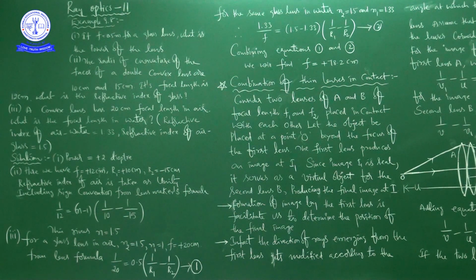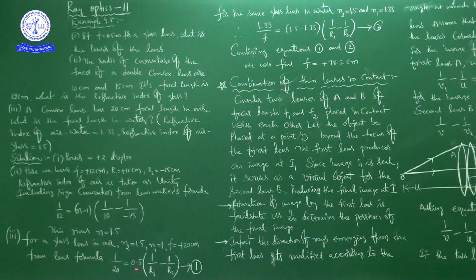Next, third one. See here, for a glass lens in air, N2 is equal to 1.5, N1 is equal to 1, f is equal to plus 20 centimeters according to the given information, right? So from all these things we can write from the lens formula: 1 by 20 is equal to 0.5 into 1 by R1 minus 1 by R2.